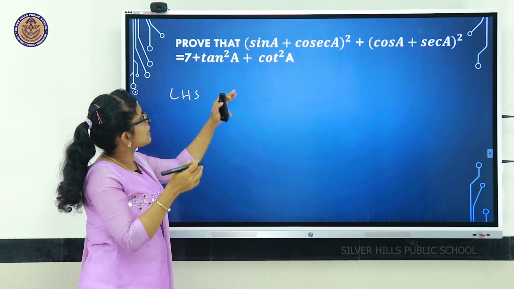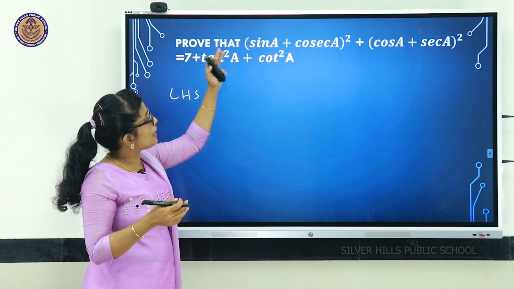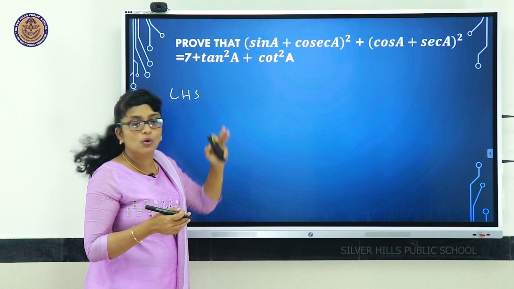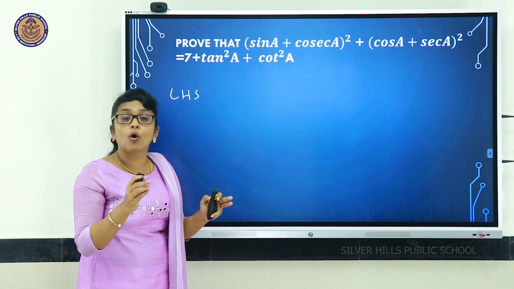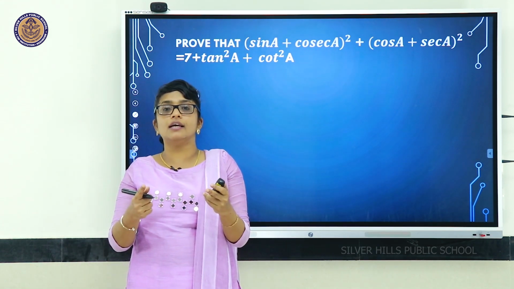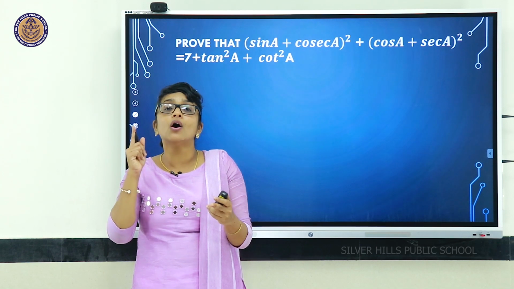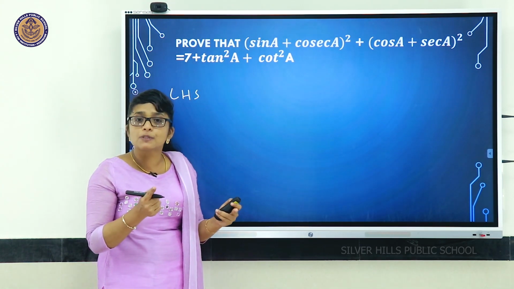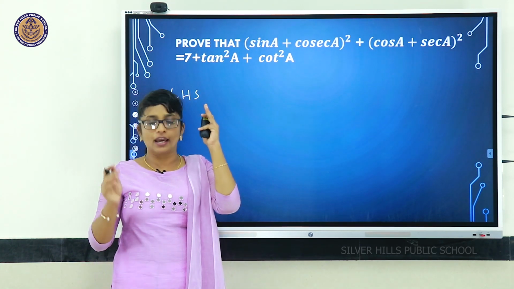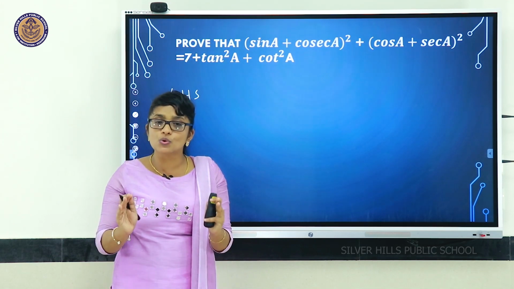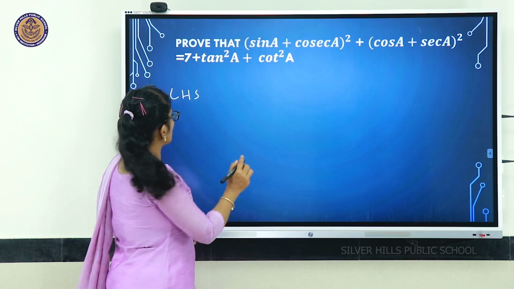First LHS, (sin A plus cosec A) all square. It is in the form of which identity? (A plus B) all square. What is (A plus B) all square? A square plus 2AB plus B square.